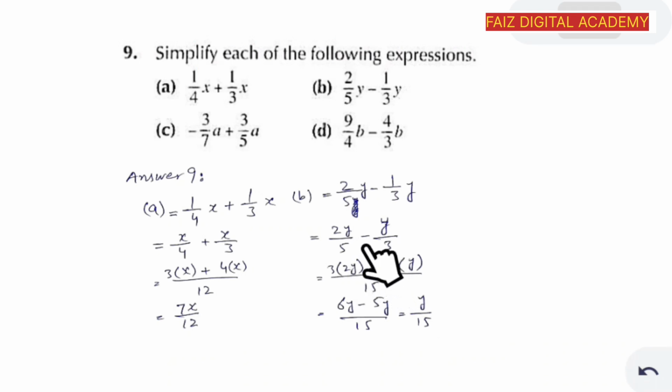The minus sign which was in between these fractions is written as such. Then again this LCM is divided by the denominator, the answer is 5. This 5 is multiplied with the numerator, so 5y. So 6y minus 5y, the answer was y, that is divided by 15. So this is how we can simplify different fractions having variables.